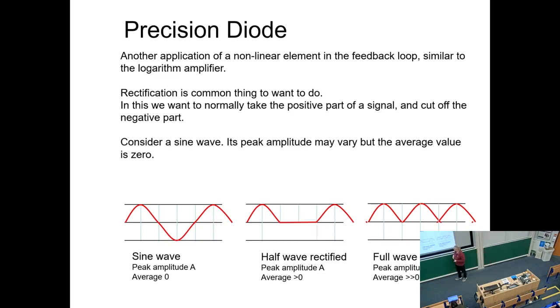If you want to find out what's going on in terms of any changes of amplitude, because the average is still 0, you need to rectify it, which basically means chop off the bottom half of the signal. So that's called half wave rectified, because all we've done is chop off the negative part of this signal. The peak amplitude is now A, and the average of that waveform is now bigger than naught. It's something complicated, but it's bigger than naught. So that will go up and down with the average amplitude of this.